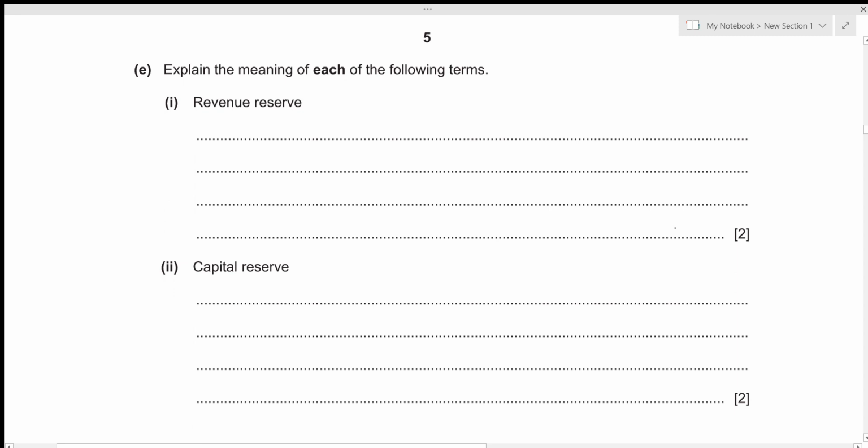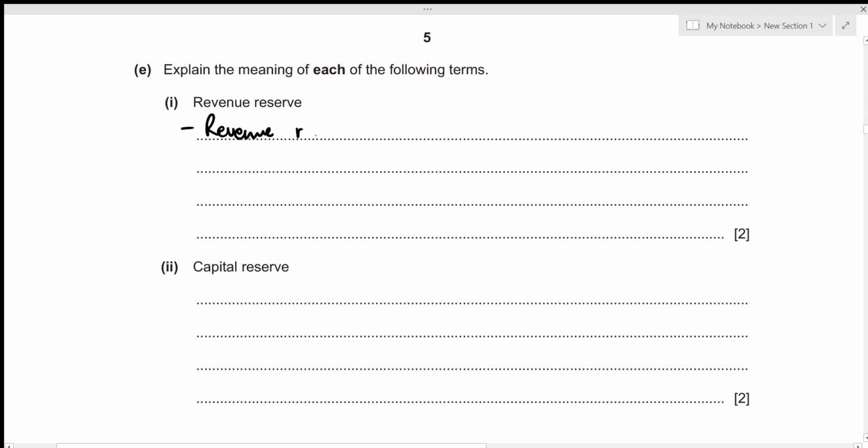We need to explain the meaning of each of the following terms. The first one is revenue reserve. Alright, we know that revenue reserve is created from the net profit that a company makes during a financial year or the profit from trading activities. Let's write it down.